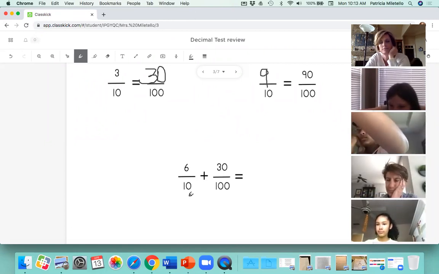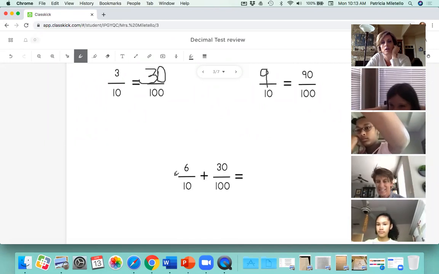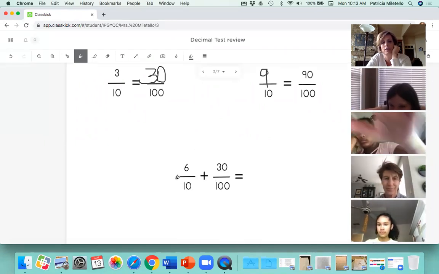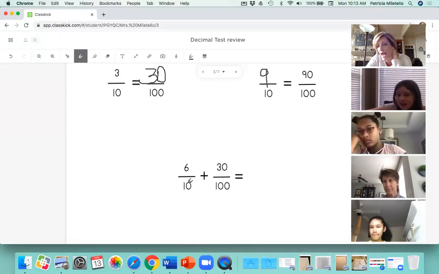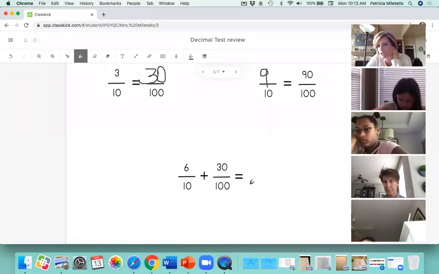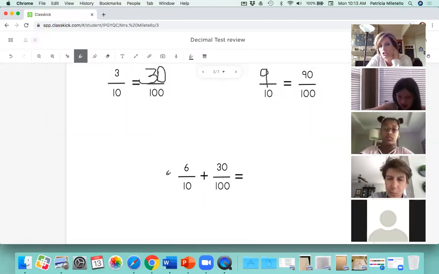Okay, maybe not. So over here, Peyton, whenever you're adding fractions, the denominators have to be the same. You can't add fractions where the denominators aren't the same. So you have to change this one over here.